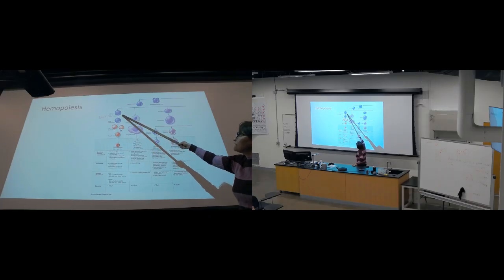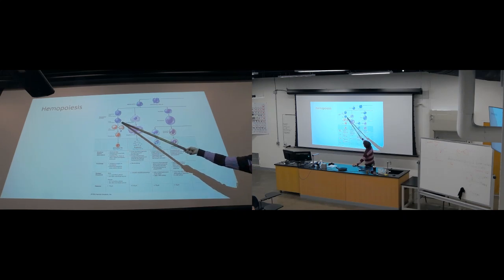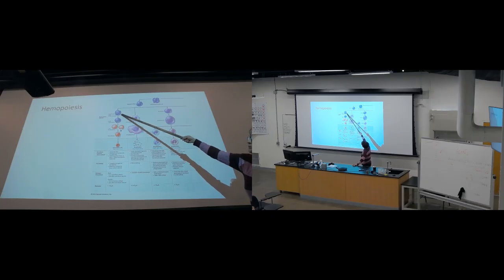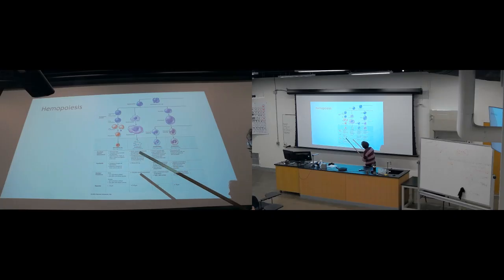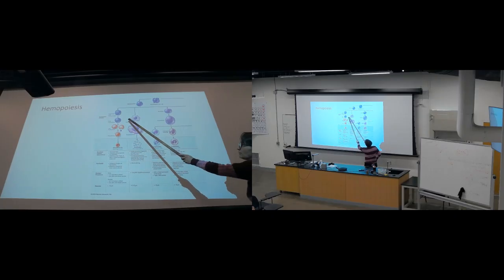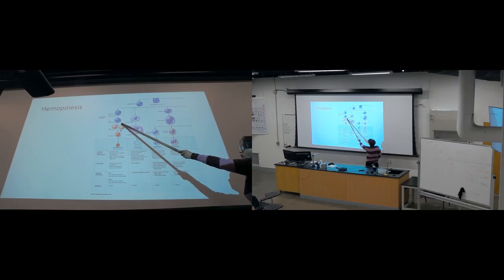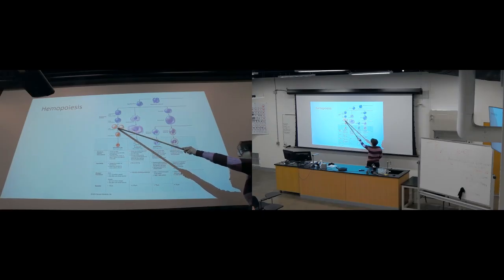So this is a proerythroblast, and this proerythroblast will become an early erythroblast. As the process from proerythroblast to early and late erythroblast happens, you will have more production of hemoglobin and a reduction in the size of the nucleus, because the nucleus is not needed anymore and is occupying space.